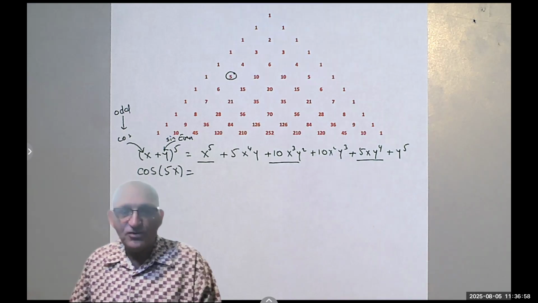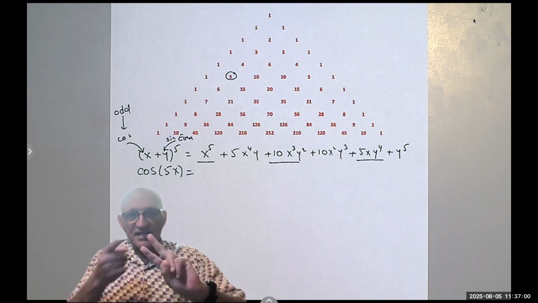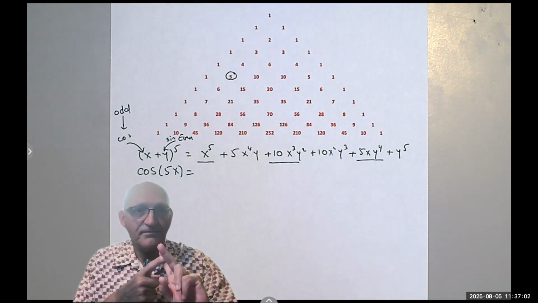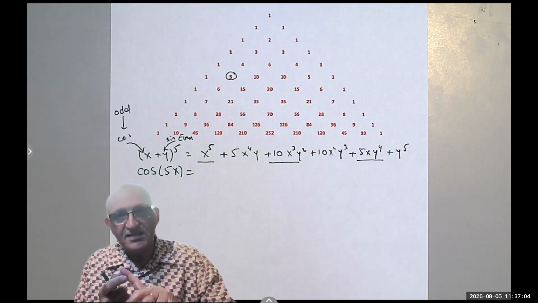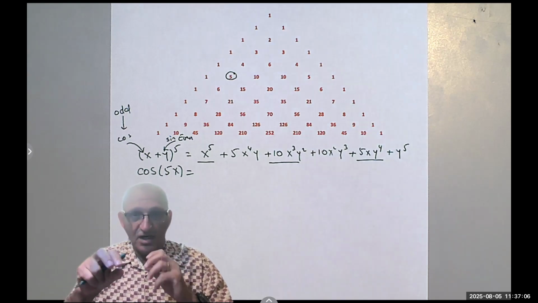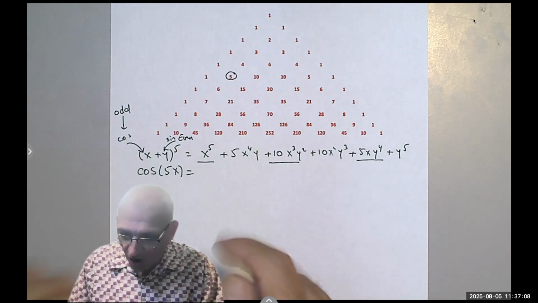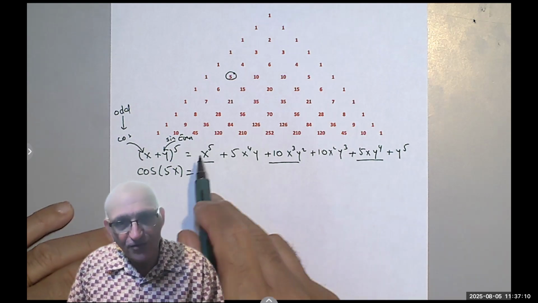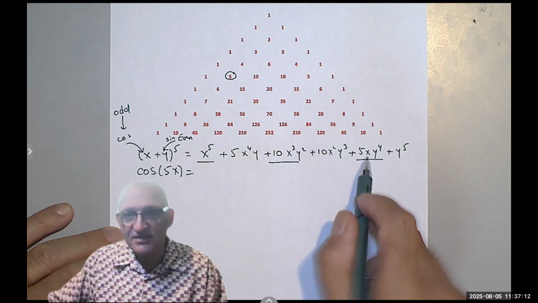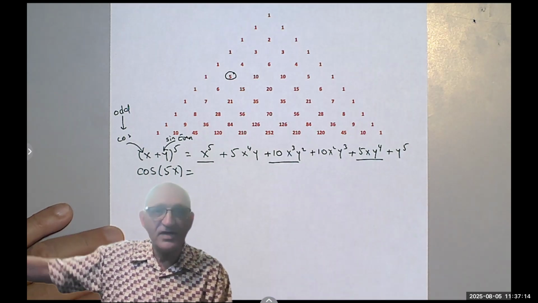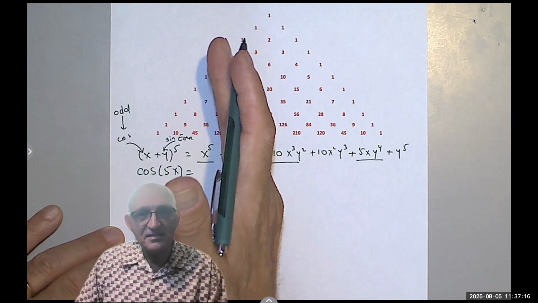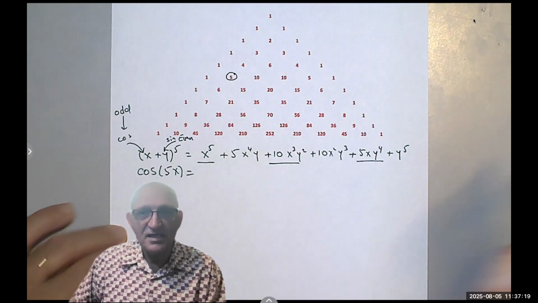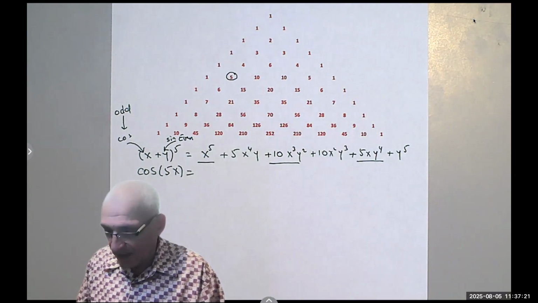So now you have to think of two things. X is cosine, y is sine. X is odd, y is even, meaning the oddly placed terms, the first term, the third term, the fifth, the seventh, the ninth, and so on and so forth. And then the evenly placed second, fourth, sixth are for the sine.